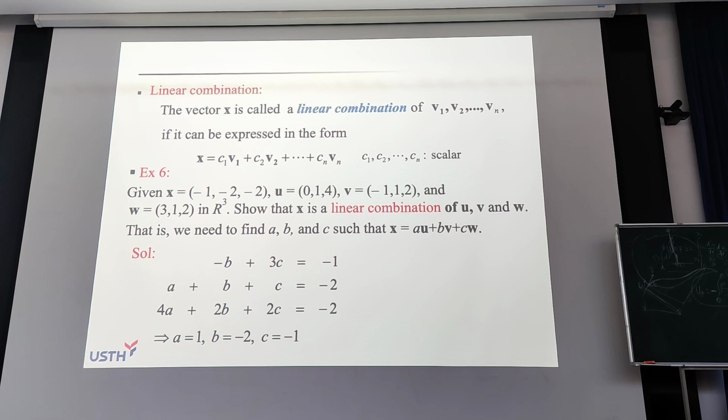So we find a equals 1, b equals -2, and c equals -1. It means that x equals u minus 2v minus w. Or you can say x is a linear combination of u, v, and w. So you see, the notion is here. However, to do exercises on that, once again, it leads you back to solving a system of linear equations.